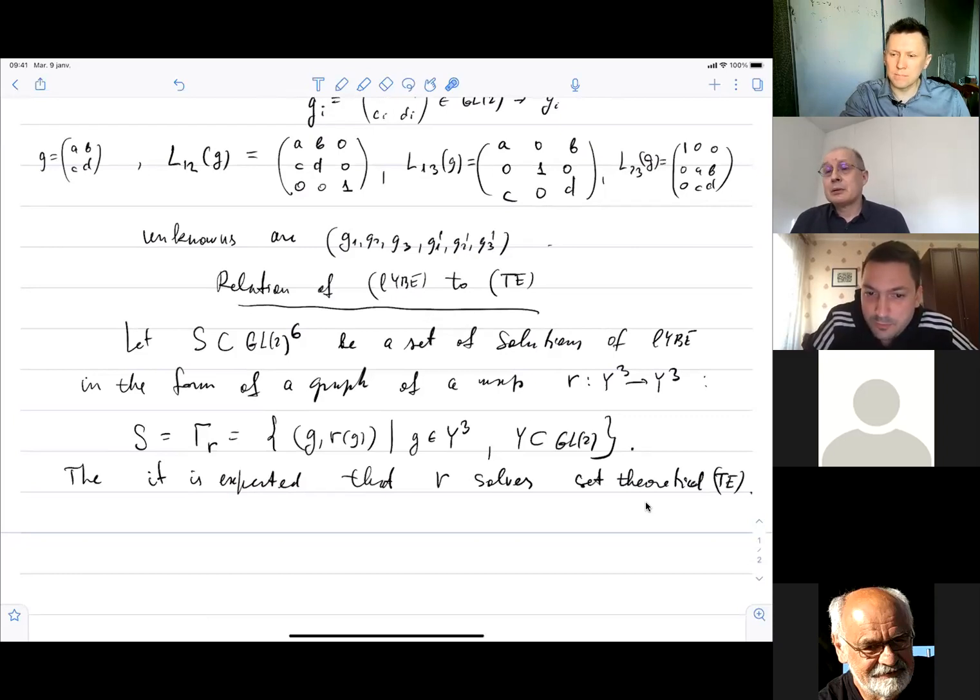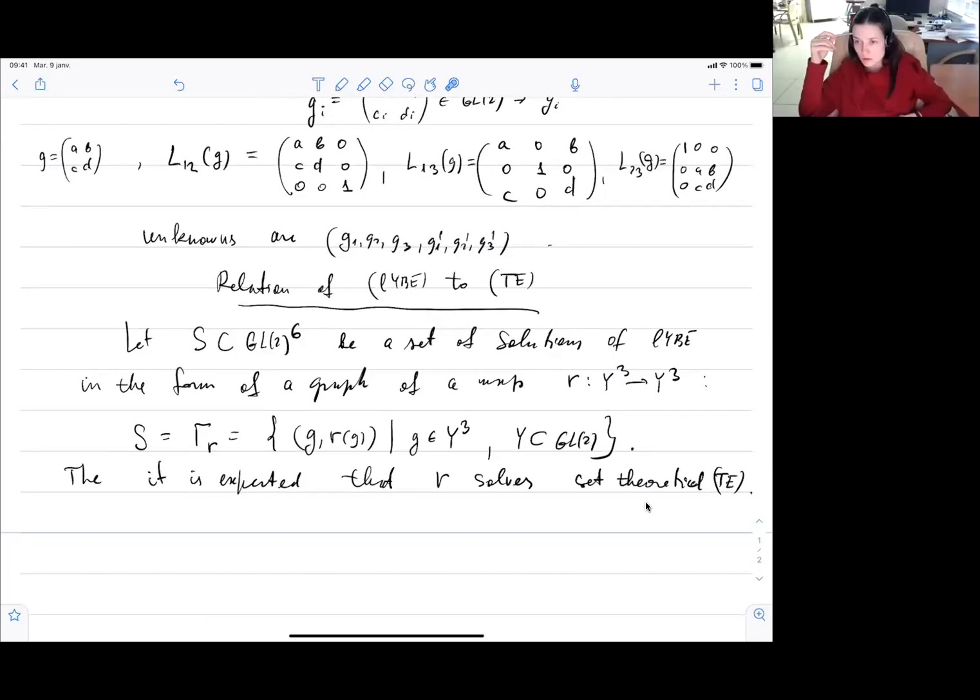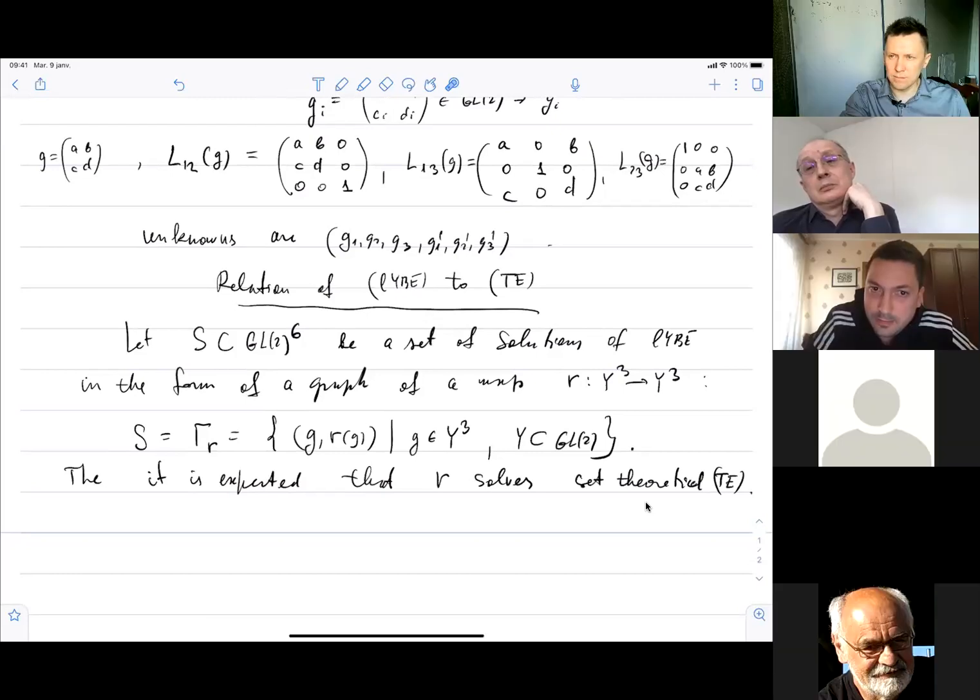However, my question is the following: in the case of the Yang-Baxter equation, it is very clear which solutions, even the unique ones, are indeed solutions to the Yang-Baxter equation. So you have a matrix refactorization problem.